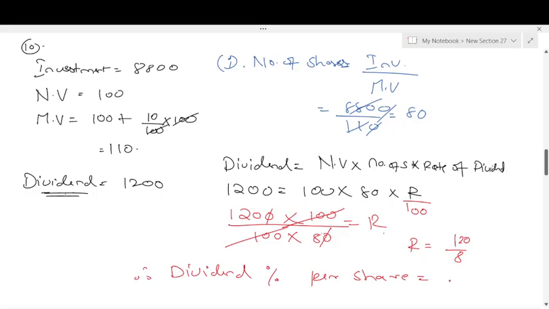Yes, 15. They have asked percentage, so write this as dividend percentage. What's the answer? 15.